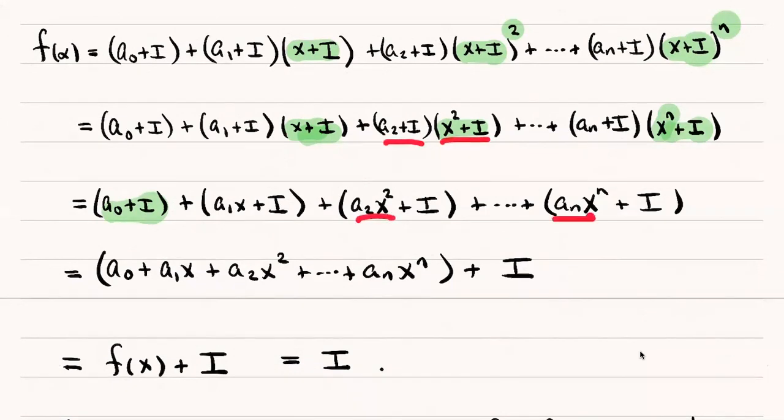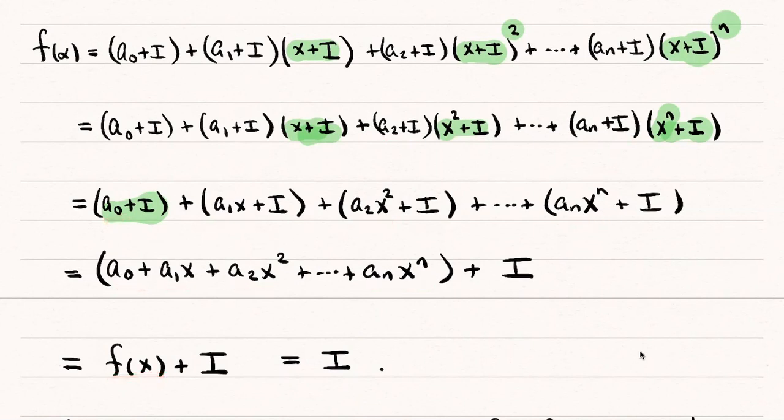The coset containing an times x to the n is just the product of those two cosets. And then finally, in the last line, I'm adding the cosets. I have the coset containing a0, a1 x, a2 x squared, and so on, all the way up to an x to the n. When you add cosets, you add their representatives. So I just add all those things together. I get the coset containing, that's just f of x.